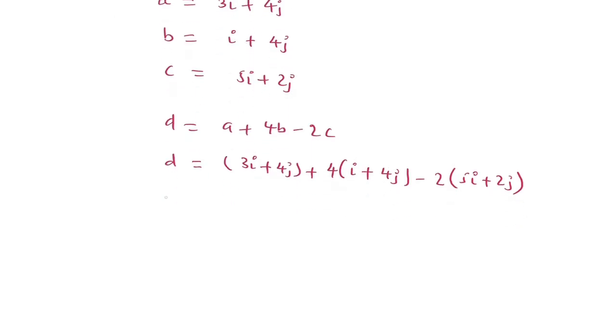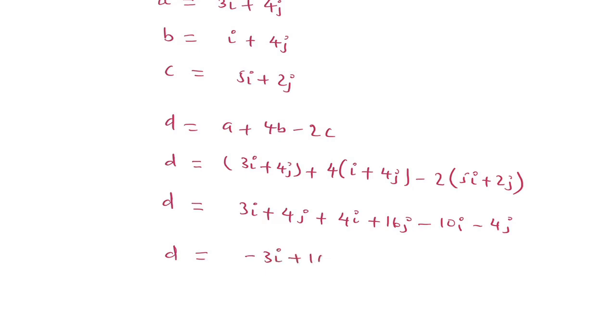Our equation is D equals 3i plus 4j plus 4i plus 16j minus 10i minus 4j. Now let us combine the like terms. Our expression is D equals negative 3i plus 16j, and this is the value of D required.